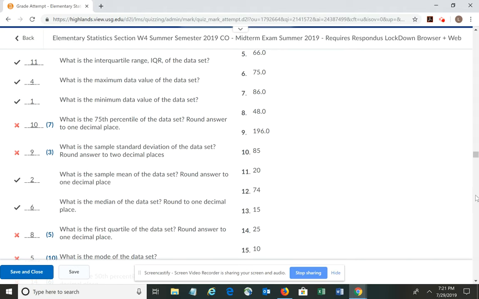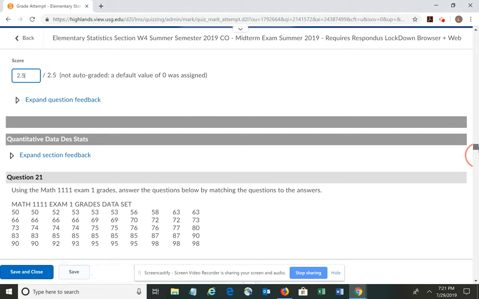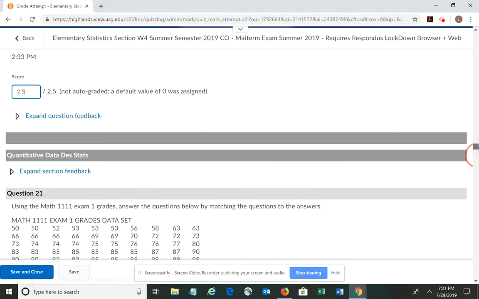The mode, I believe, was 85. 1, 2, 3, 4. It occurred 4 times. 66 also occurred 4 times. Okay, so 85 and 66.